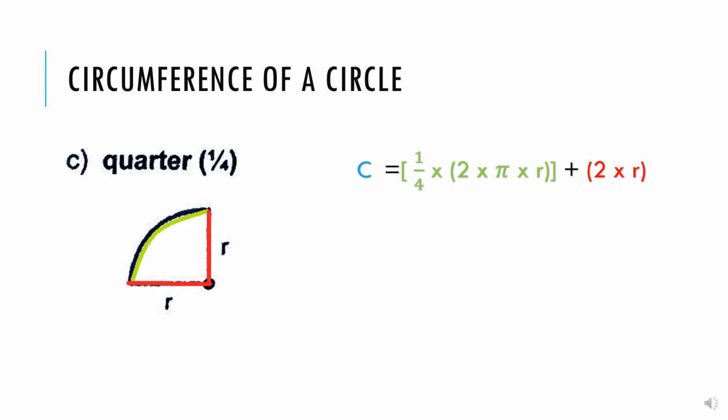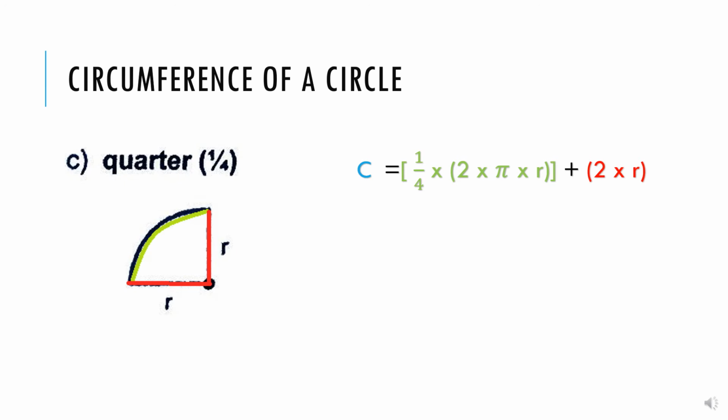Remember when we just did the semicircle, it was a half times the circumference of a full circle. But because we are looking at a quarter, now we just multiply with a quarter. So a quarter times the circumference of a full circle plus 2 times the radius.